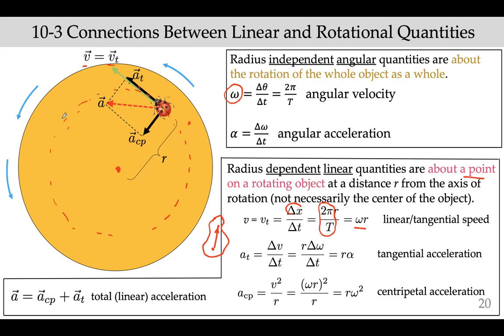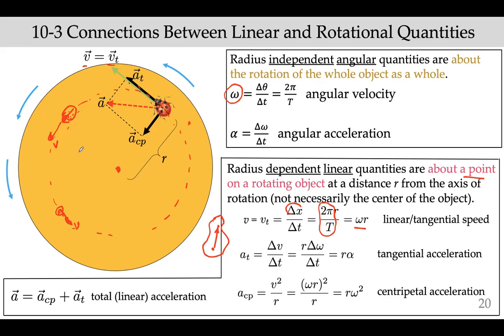Of course, when the ladybug comes here, it will feel the rotation in this direction, and when it's here, the velocity in this direction. Here, the linear velocity will be in this direction. But for a given instant, it will feel some linear velocity.